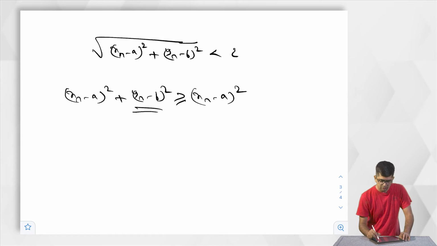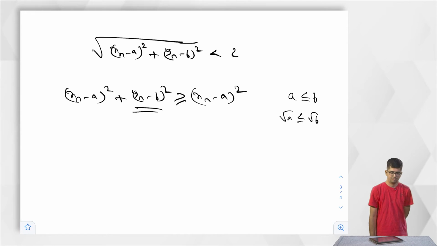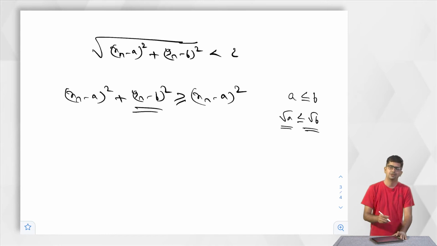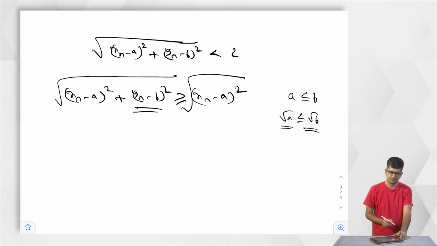And suppose a is less than or equal to b, do you think we have root a less than or equal to root b? What do you think? Everything is positive. A and b are positive, so that's why I can talk about root a less than or equal to root b. After convincing yourself that this is the case, one can simply put square root on both sides.